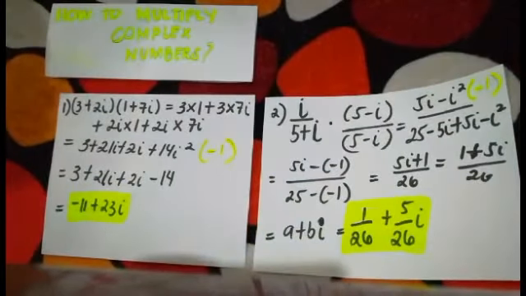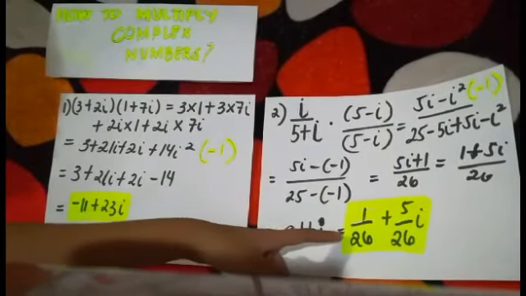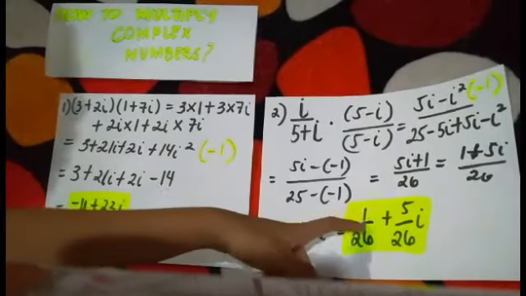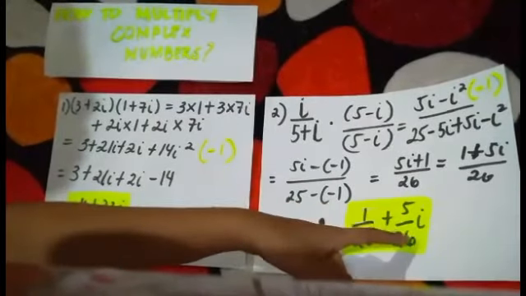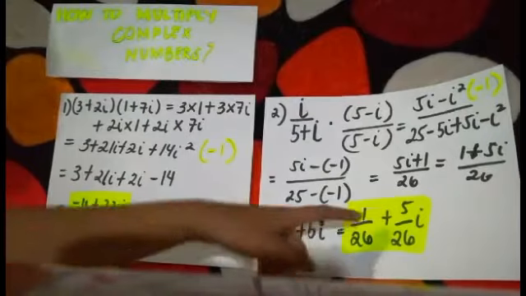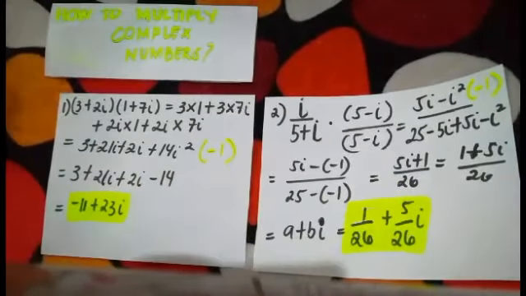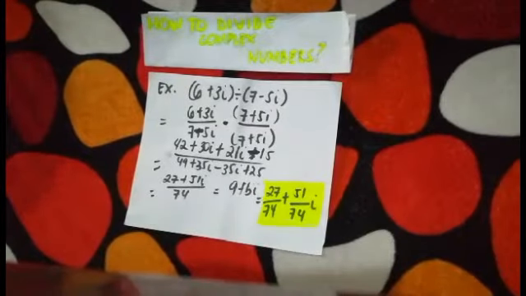We should apply the complex form, that is a plus bi. So it should be 1 over 26 plus 5 over 26i. Then we have a real number and an imaginary number. And that's all.